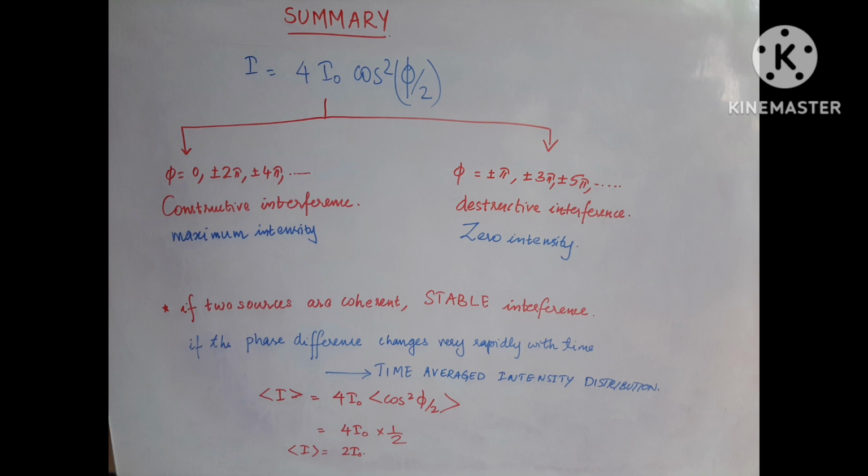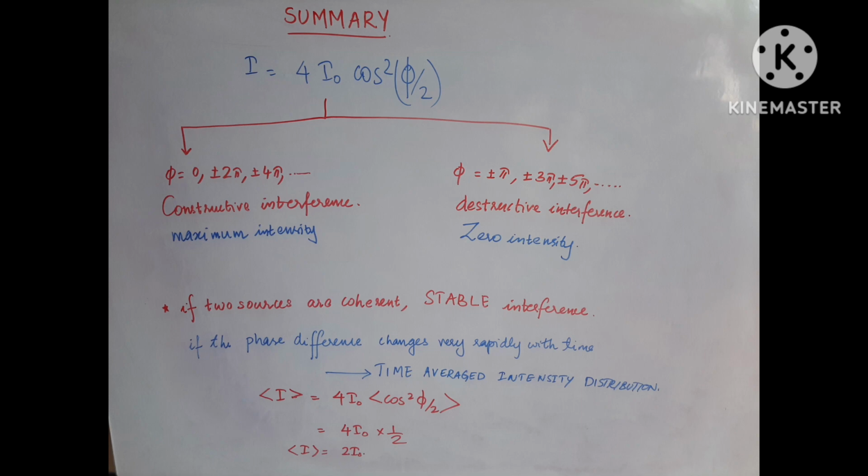What happens in this equation is, let me consider the time average value, that is I average is equal to 4I0 times the average value of cos square (phi by 2). The average value of cos square (phi by 2) is 1 by 2. So we get the average intensity as 2I0. This will happen when we consider a case where two separate light sources illuminate a wall.